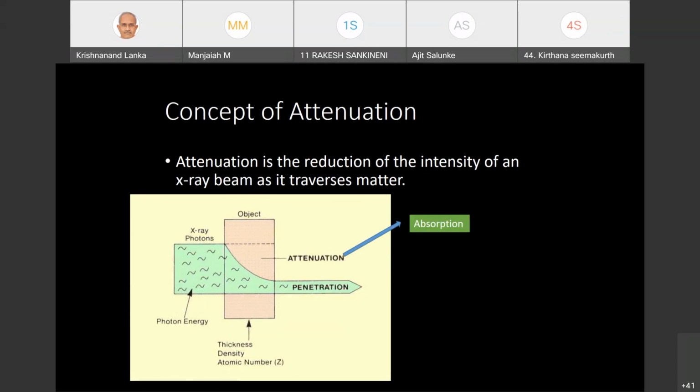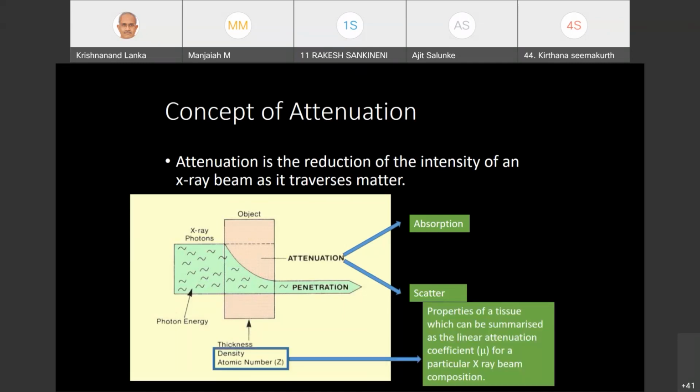Some part of the attenuation is due to the absorption of the photons by the muscle, and some is through scatter, where it gets diffused here and there. For each type of muscle there is a density and atomic number, called Z, which depends on the composition of the muscle.